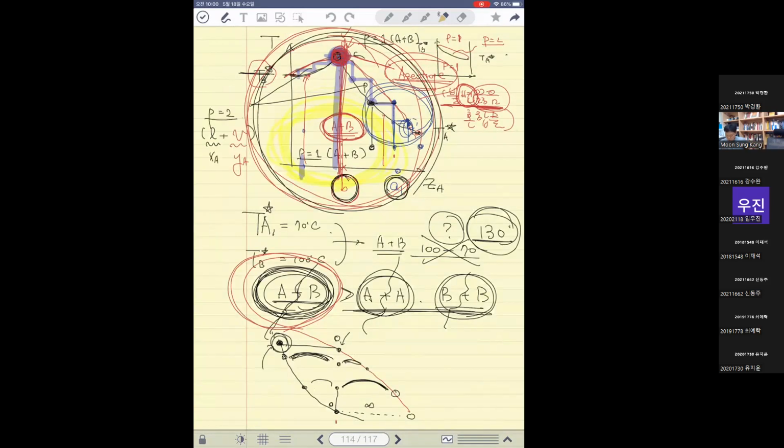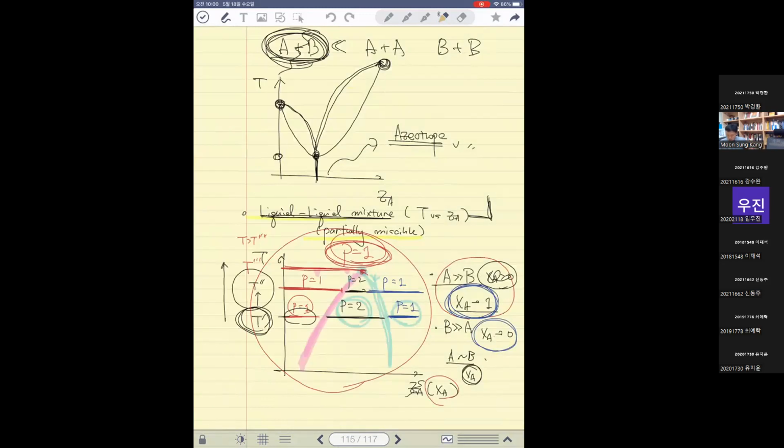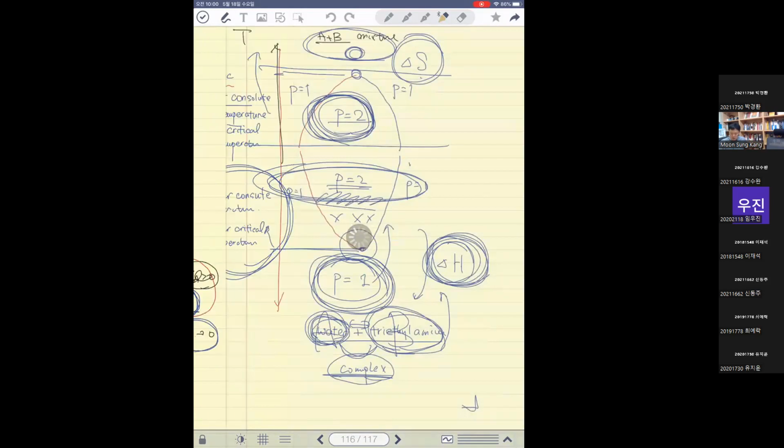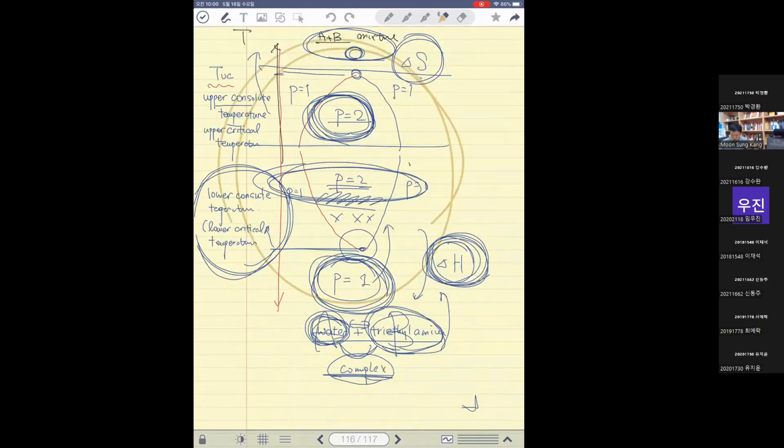The second topic that we learned was a partially miscible liquid, where you have a phase diagram that looks like this, or maybe a phase diagram that looks like this. Now let's say I want to distill a mixture forming a phase diagram that looks like this. How do you do this? I'm going to increase the temperature so that I start observing the vapor phase, right?